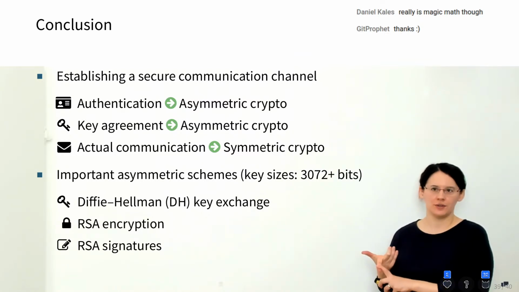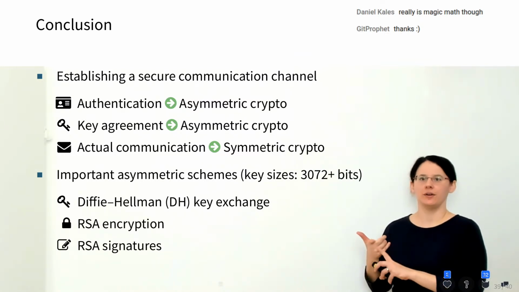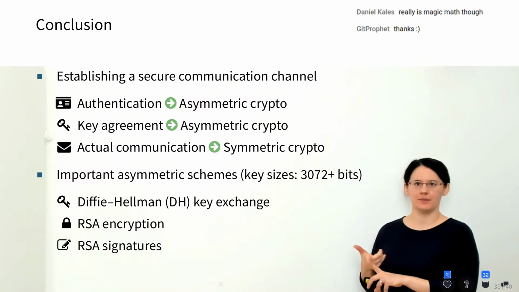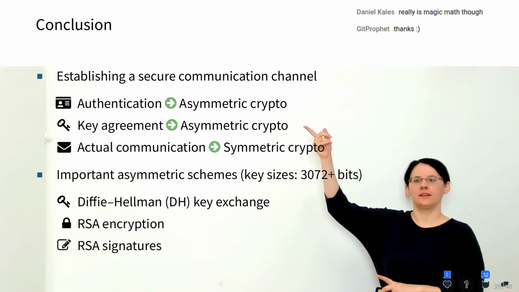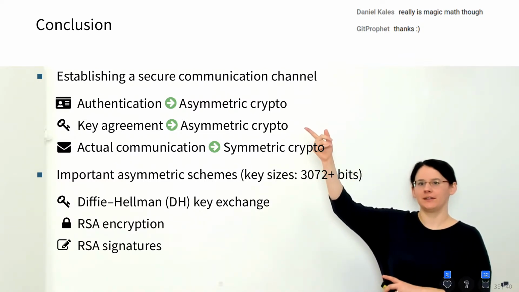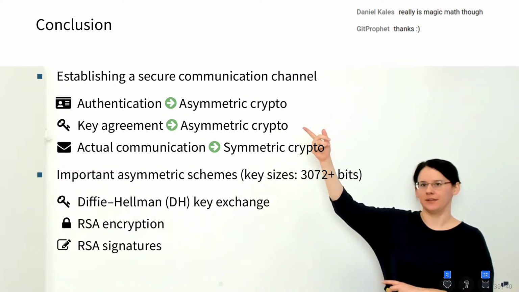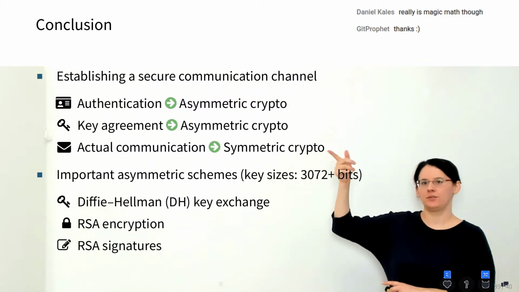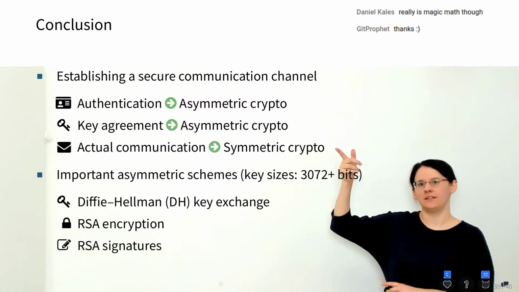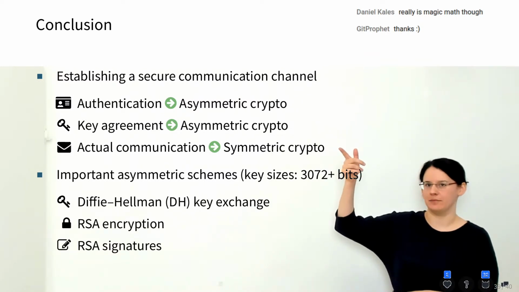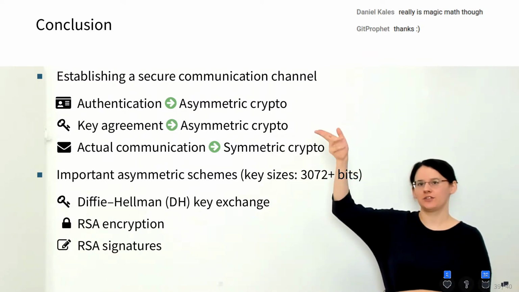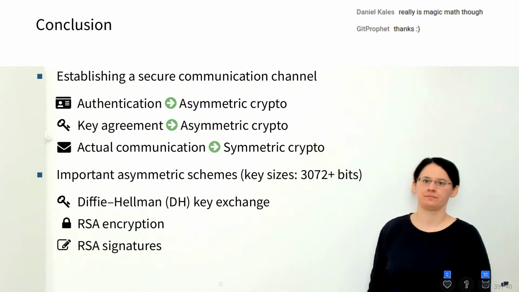What you also do next is you agree on a symmetric session key, by using, for example, Diffie-Hellman key exchange or encrypting your AES key with RSA. And then you do the actual communication. This you do with symmetric cryptography, like AES GCM, for example, using the session key you've agreed on here.